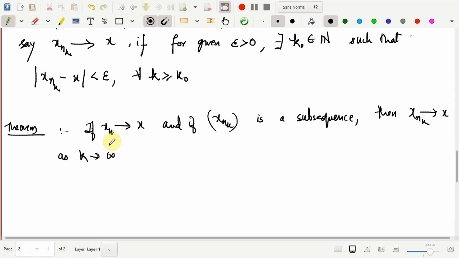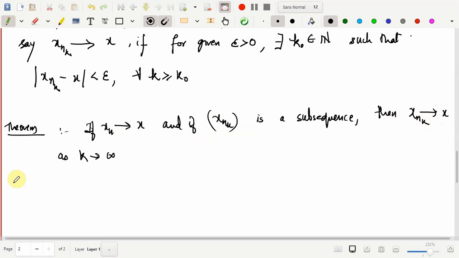By the way, when I say x_n converges to x, n is varying, so as n tends to infinity, this is the limit of the sequence x_n. Through this definition, we allow only k to vary. So we don't say as n_k approaches infinity. Instead, we just say that as k approaches infinity, x_{n_k} also converges to x.